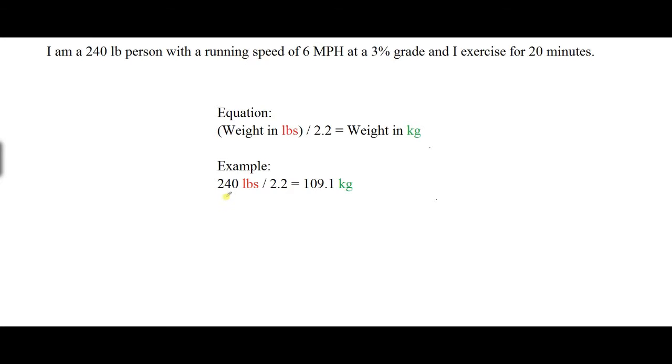If you know it in kilograms, then you can skip this step. But you'll put 240 pounds that I got up here, and then divide that by 2.2, and that should roughly give you 109.1 kilograms for me. So that's all you have to do. Literally just take your pounds divided by 2.2 and you will have your kilograms, and then make sure that you save that off to the side.